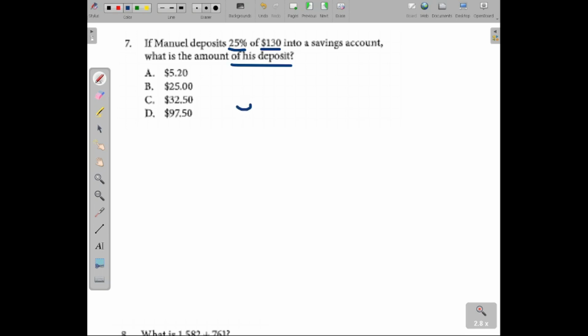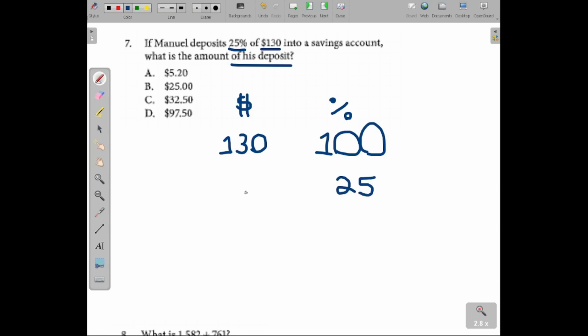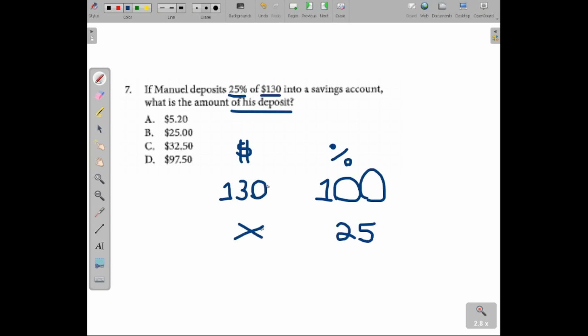So we have two types of data or information: the dollars and the percentage. First, we have the total, $130, which is the 100%. And we want to find the 25% of this amount. So we don't know how much it is.